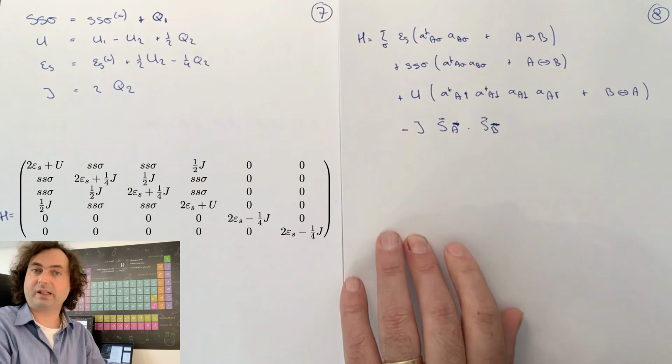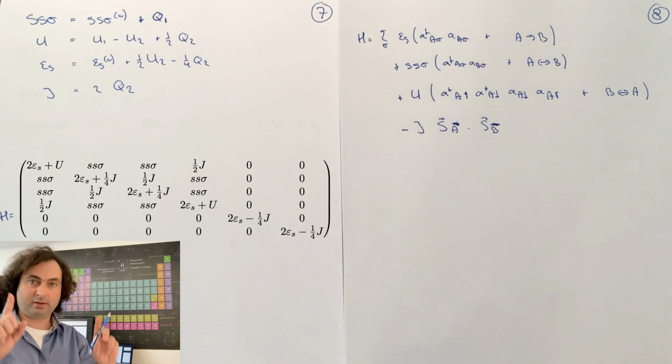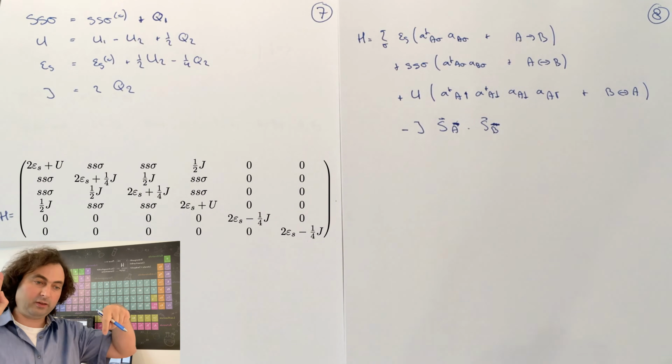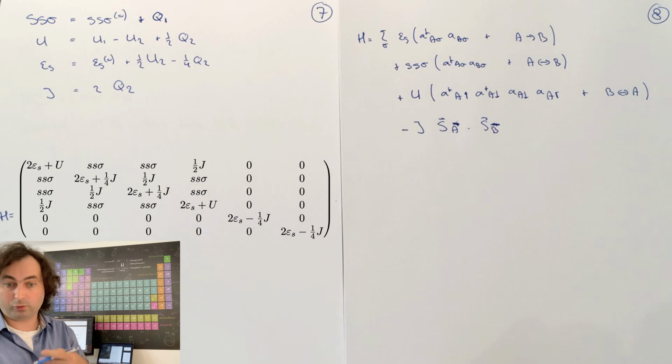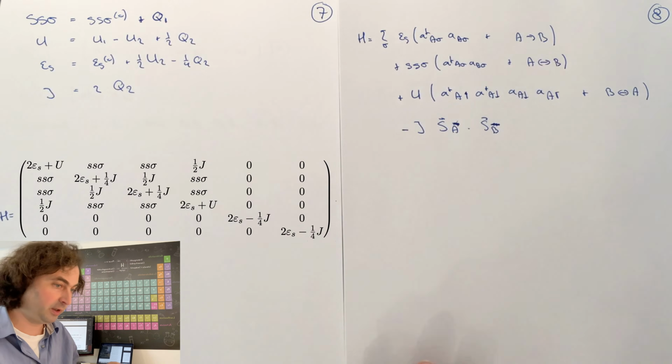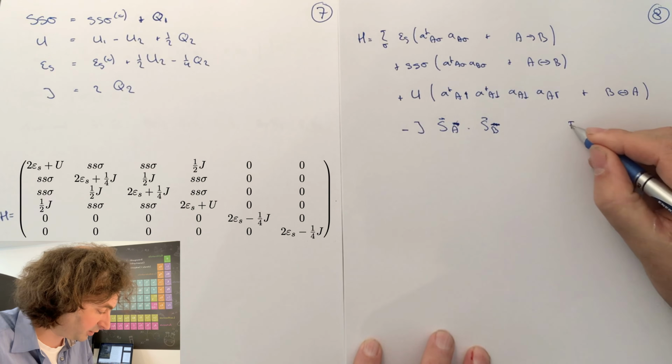So we have a magnetic interaction between our two sites. The spin parallel or anti-parallel will have a different energy, and because we have a minus sign here and J comes from a Coulomb interaction which is positive, we see that we have ferromagnetic interactions.